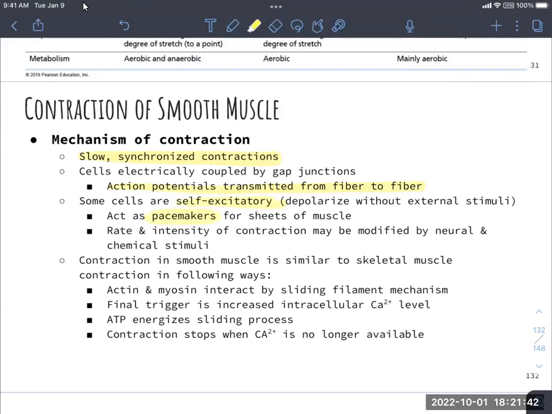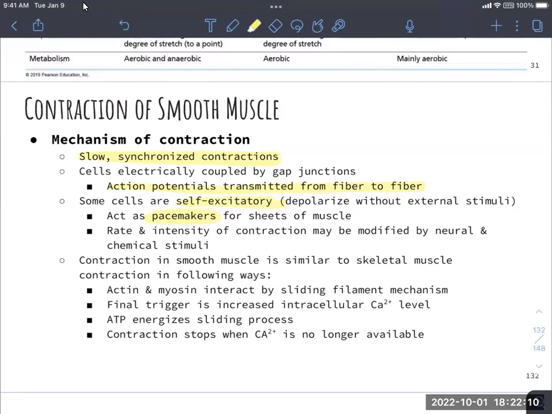What they do is make sure that, even if we're not getting stimulation from a nerve to contract, the smooth muscle still contracts to move stuff through your intestines, to move stuff out of your stomach. These pacemaker cells make sure that your smooth muscle is doing what it's supposed to do.